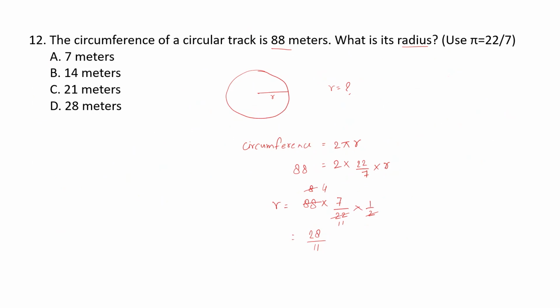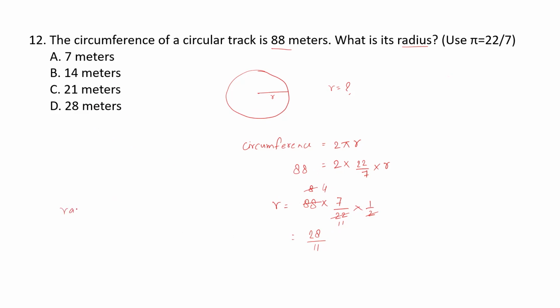2 pi r. Let's do it again. 2 into pi into r. R we have to compute. So 88 into 7 upon this. Yes, it looks correct. So yeah, none of the option is correct. R will equal to 82 upon 11.